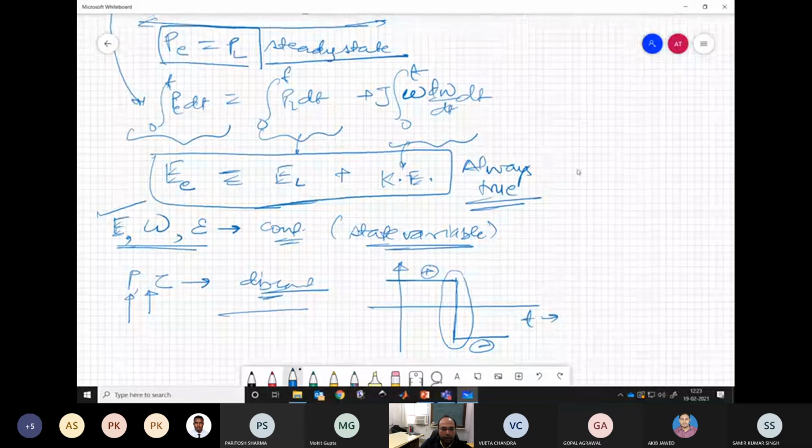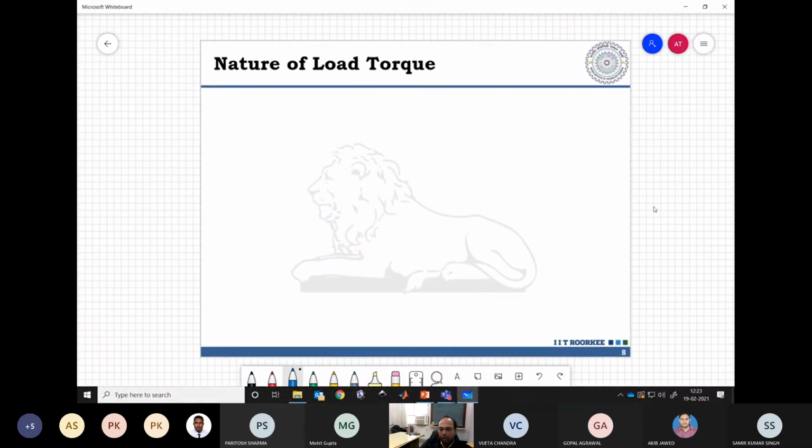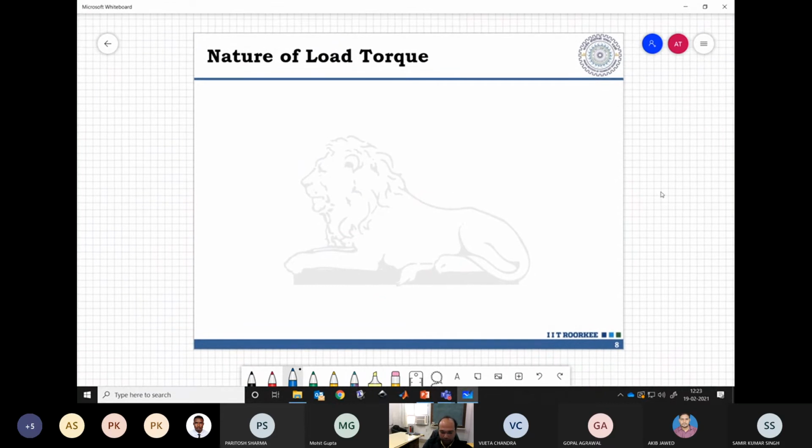Now, when we have understood the basic equation, another important aspect of the mechanical system to understand would be the nature of the load torque. When we are writing this equation and we are designing our system, we must know what is tau L, what we are dealing with. In general, the torque could be a function of a lot of quantities.